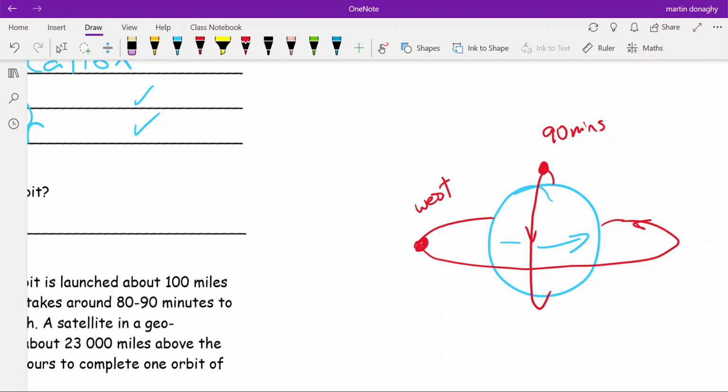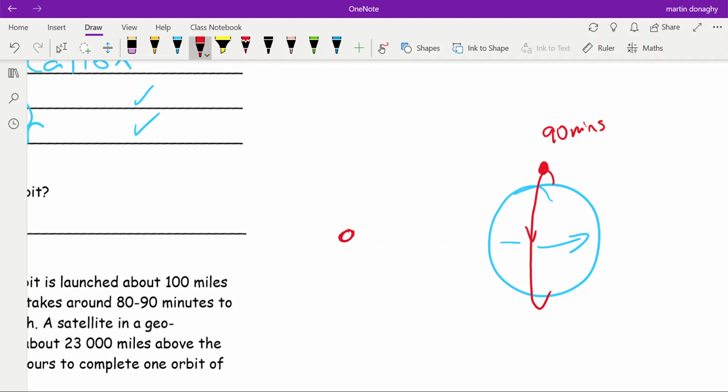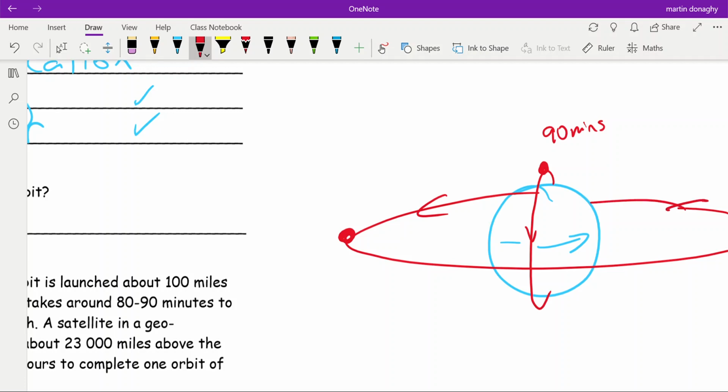However, the further we go away, the bigger the path becomes and the slower it travels. So we can change the time it takes to complete one orbit by moving it further and further away, and eventually we get to a particular distance where it takes 24 hours to do one lap.